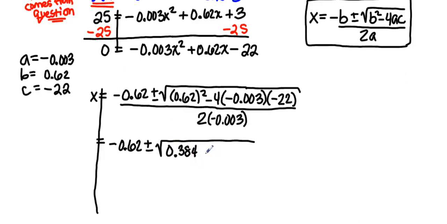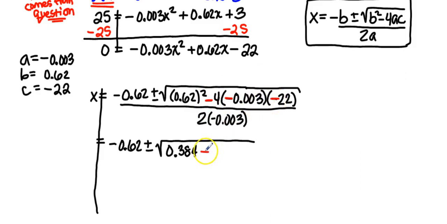Now let's decide on our sign first. I have negative times a negative, which is a positive, times another negative, which makes this negative. So it's minus.